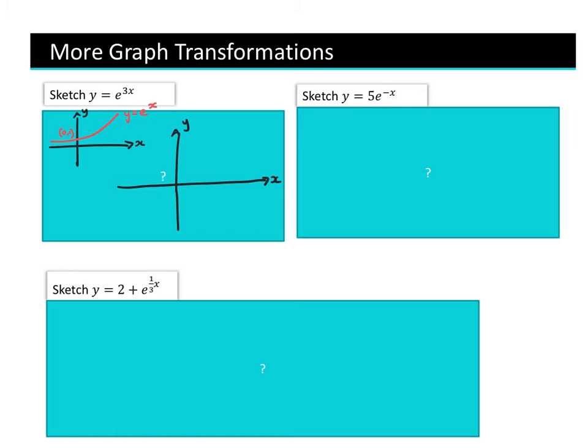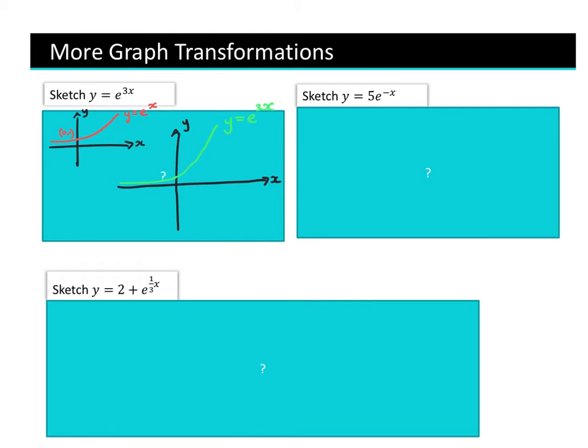So my sketch is going to look pretty similar, apart from on the left-hand side, it's going to be slightly lower than the line of y equals e to x, and on the right-hand side, we're going to be slightly steeper. So this is the equation of y equals e to the power of 3x.